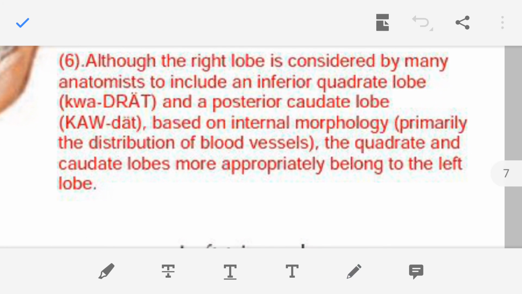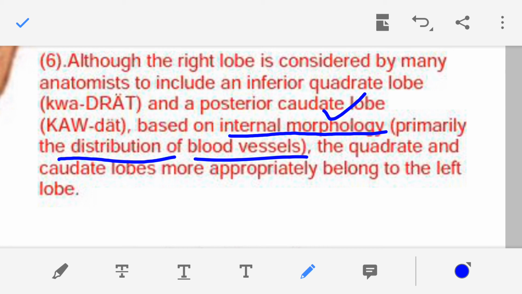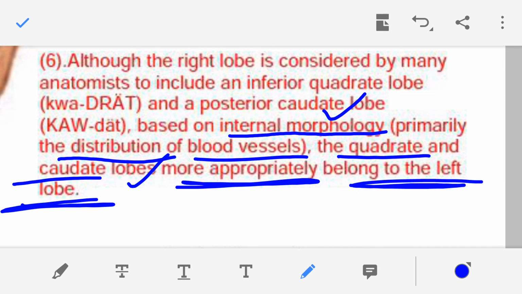But when we are studying the internal morphology of the liver, and observing the distribution of the blood vessels in the liver, by the internal morphology and by the distribution of blood vessels, it is said that the quadrate lobe and the caudate lobe more appropriately belong to the left lobe.